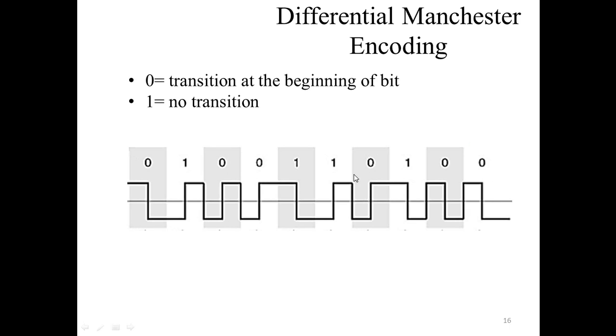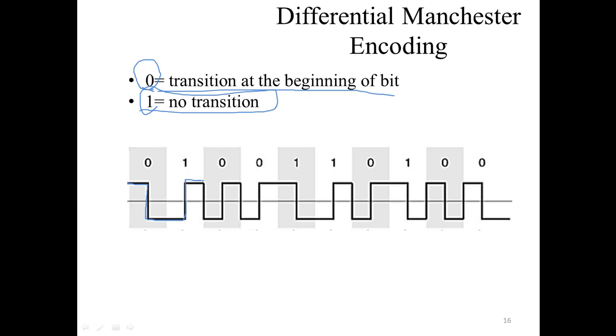For example, let's see what happens in differential coding. You have to create a transition at the beginning of the bit if 0 comes, and if you are receiving 1, there should be no transition. So whenever 0 comes, you go from, let's say, high to low, and there is 1, so you need no transition, you carry on with this.